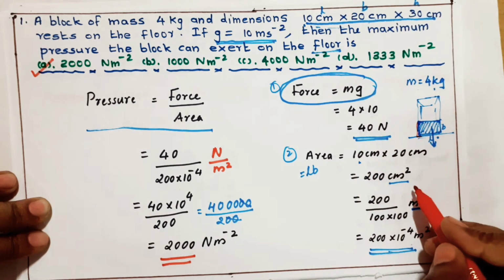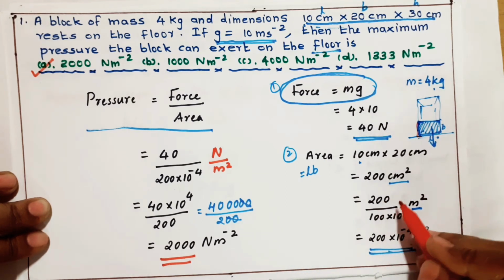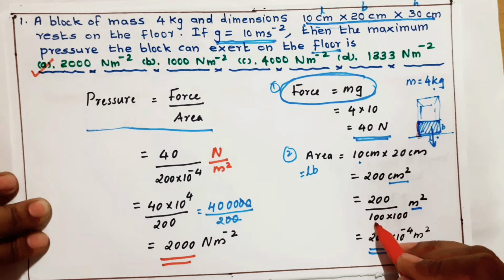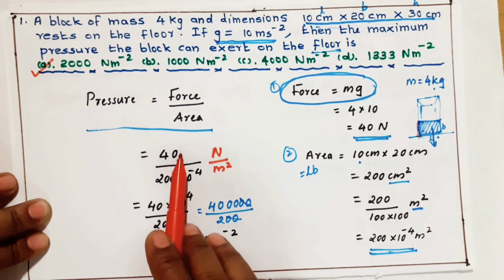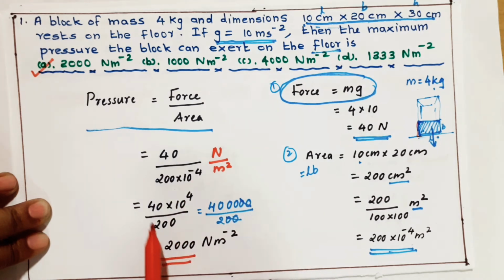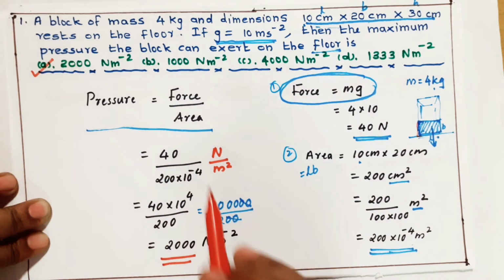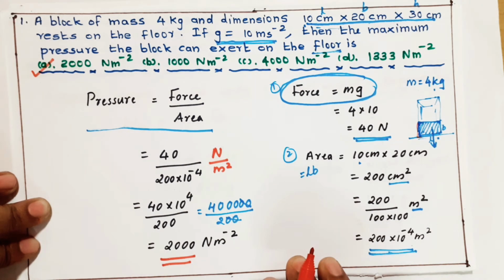Here, how to convert centimeter square to meter square I told you. 200 by 100 into 100 meter square. So I got 200 into 10 power minus 4 meter square. Next thing is we are substituting 40 by 200 into 10 power minus 4. This term going to numerator. I got 2000 Newton meter to the power minus 2.